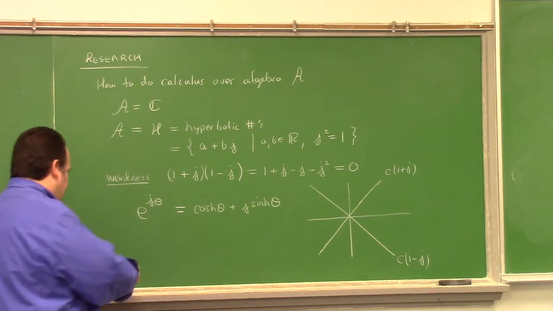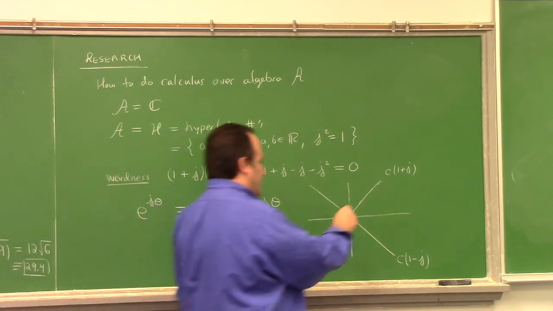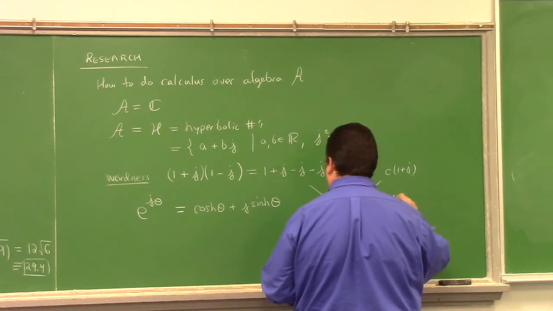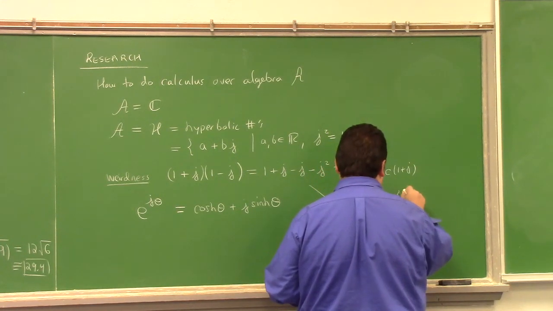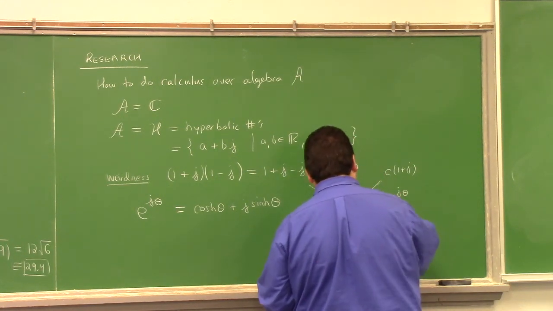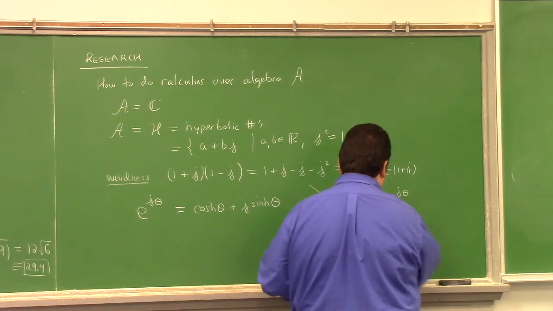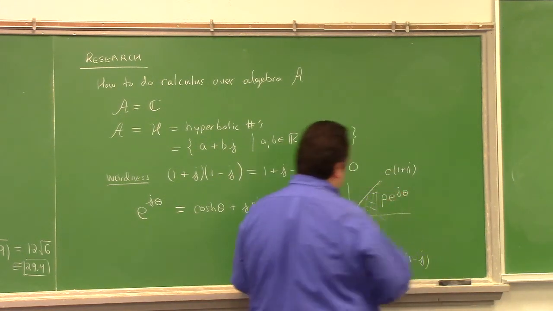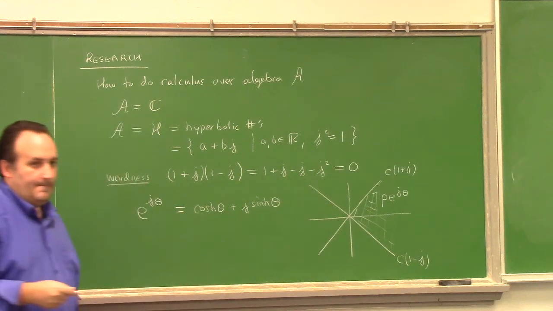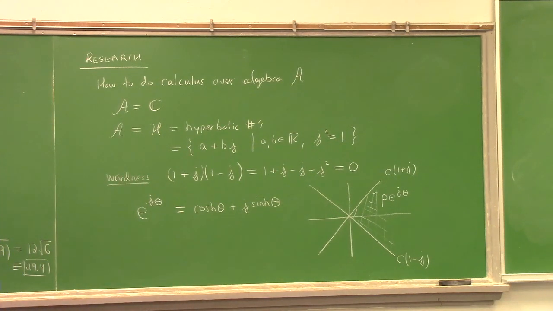And so if you have something of the form, let's call it rho e to the j theta, it only will cover things in there. So the natural attempt at a polar coordinate system for the hyperbolic numbers only gets you just that sector.